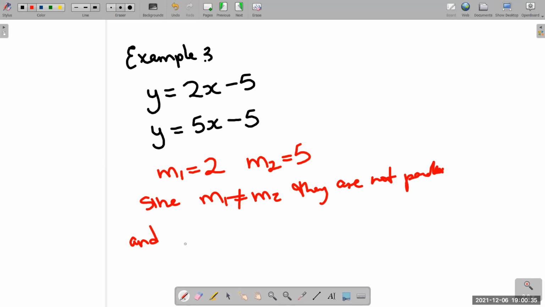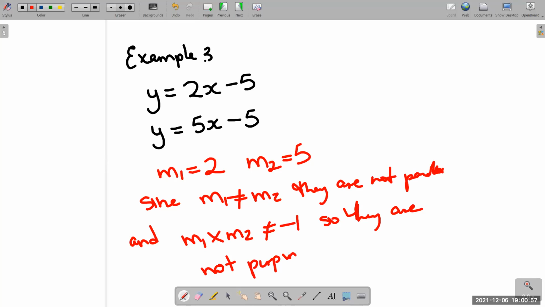So then you would say, and M1 times M2 is not equal to -1. So they are also not what? Perpendicular. Because if I multiply them, I should get back -1. But 2 times 5 is 10. That's not -1. So that means they are not perpendicular.